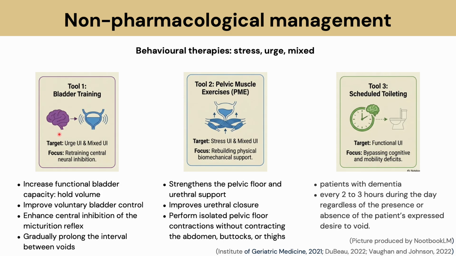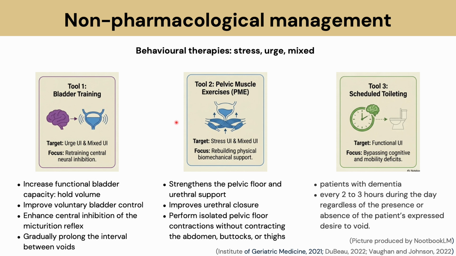The aim is to increase functional bladder capacity, improve voluntary bladder control, and suppress involuntary detrusor contraction. Patients are encouraged to gradually delay voiding by extending the interval between bathroom visits over time.